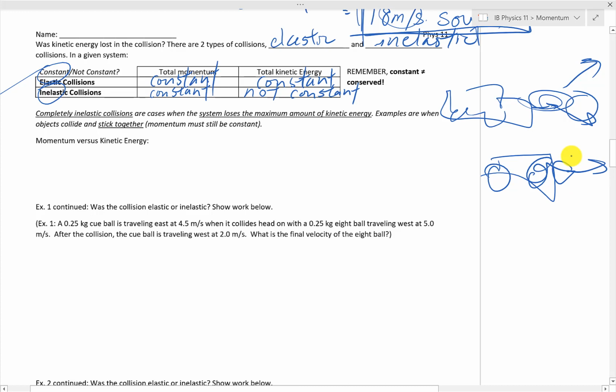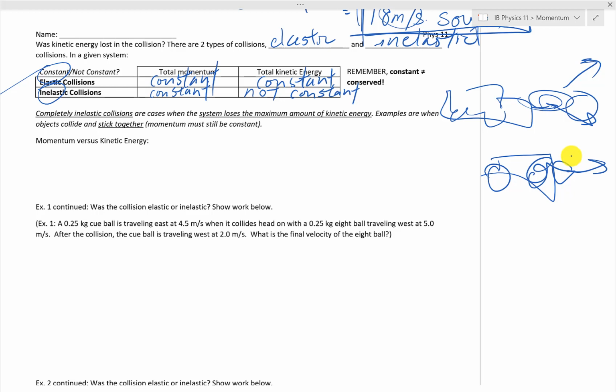In a crash, you might have all that motion energy, kinetic energy, being converted into, say, sound energy, thermal energy, heating up the two objects. It may be used to deform the cars and the objects themselves. So that kinetic energy gets converted. As a result, total kinetic energy does not stay the same before and after the collision.